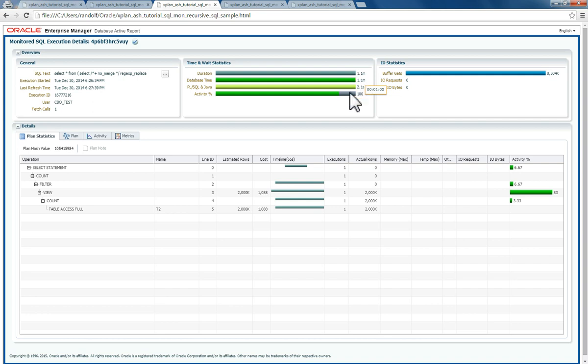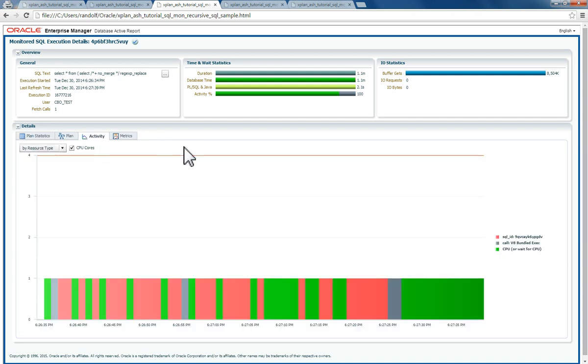And the critical part for recursive activity, to differentiate in terms of real-time SQL monitoring between recursive and non-recursive activity: in case of recursive activity, you see in these summaries that the database time corresponds to the duration in most cases.